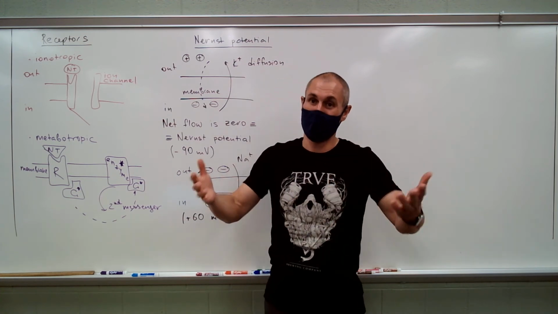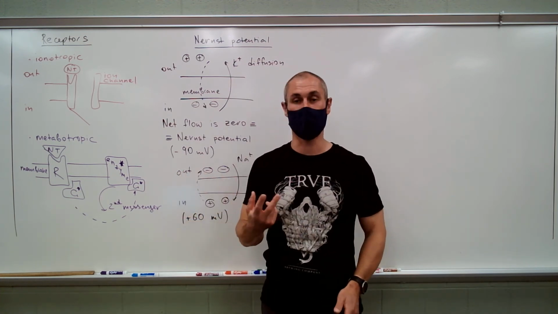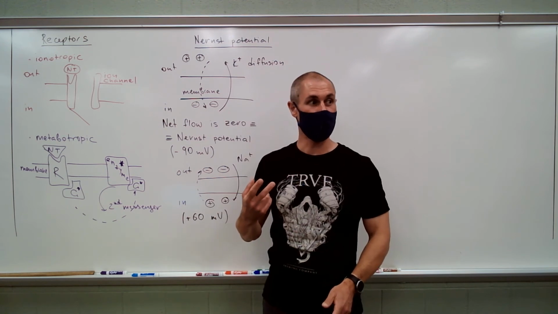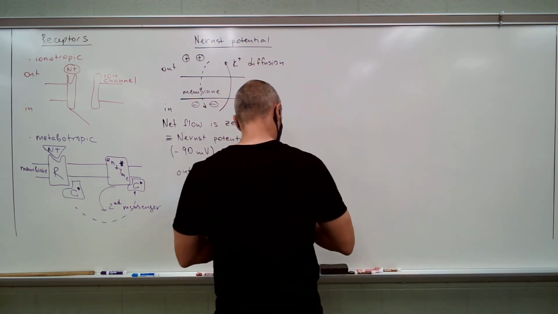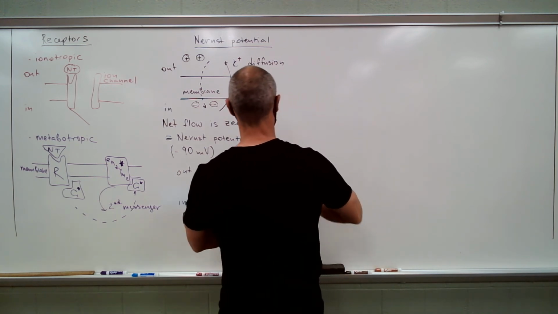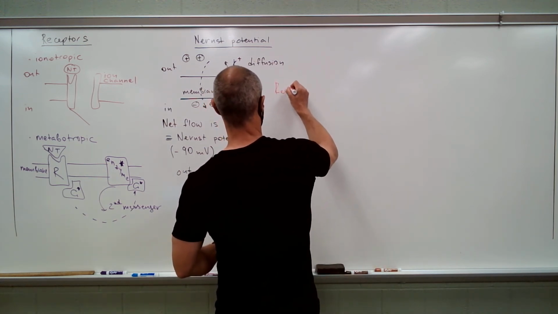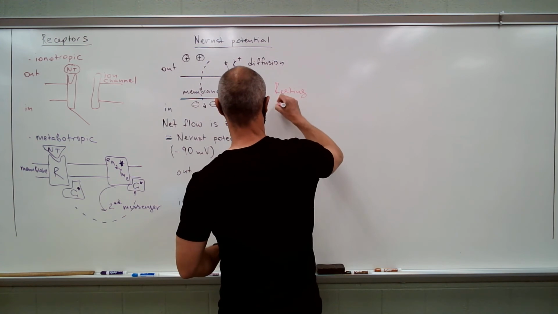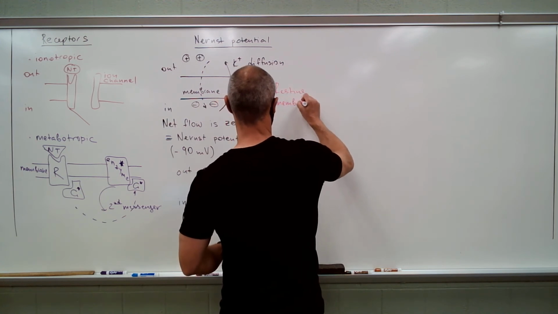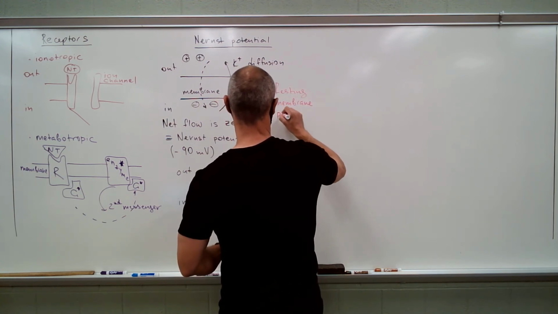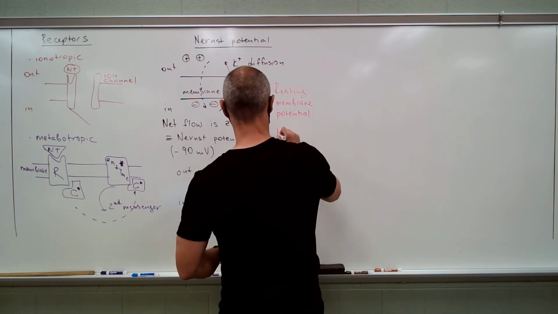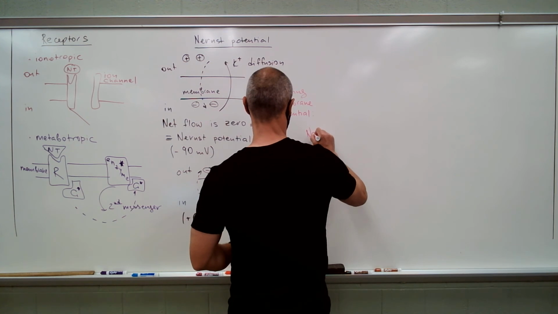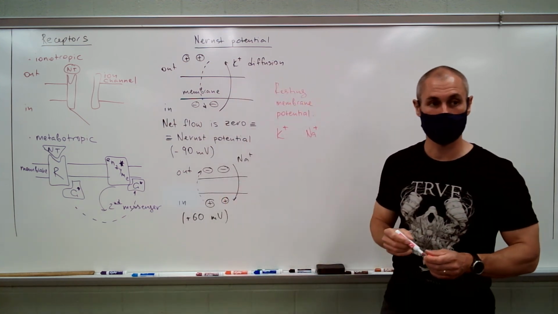So first, kind of a big statement: the only two ions that form what we call the resting membrane potential are potassium and sodium. That's it.